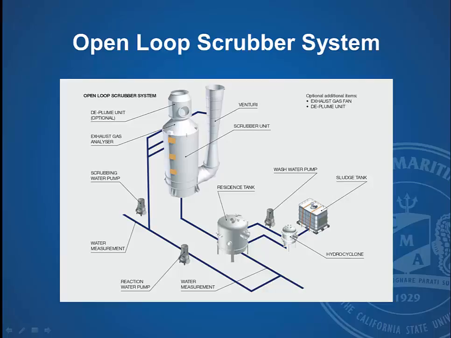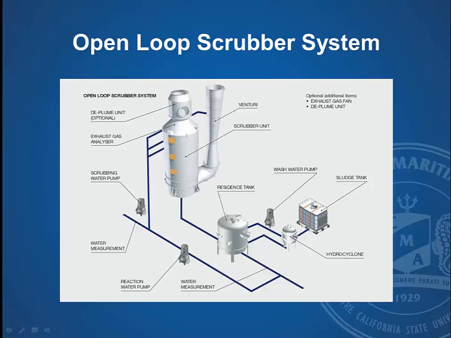So this is an illustration of an open loop scrubber system that's produced by the company Wärtsilä. Your exhaust gas is going to be coming down through the venturi, and it will enter the scrubber near the bottom of that illustration. And then as it moves up, there are trays, and in those trays is a media, and you're spraying salt water onto those trays, and then the exhaust gas has to go around and up and through all this media, and that gives a lot of surface area.